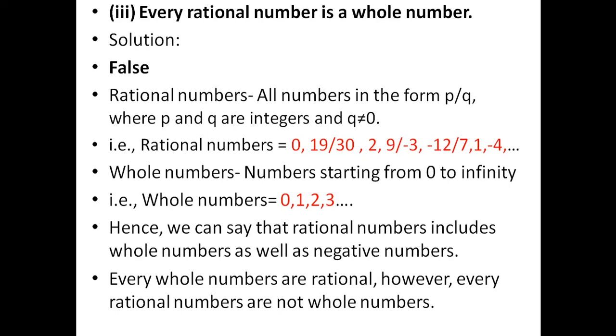So any natural number or whole number, anything we can represent in the form of p by q. So all natural numbers, whole numbers, everything comes under the rational numbers. So this is also false. All whole numbers are rational numbers, but all rational numbers are not whole numbers.